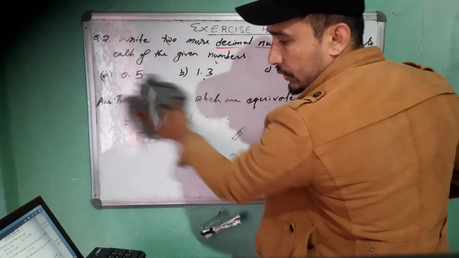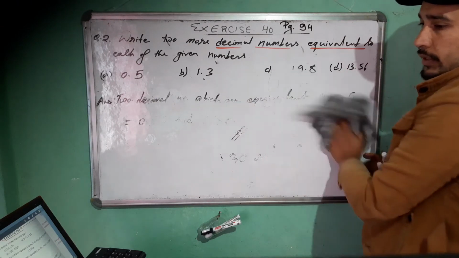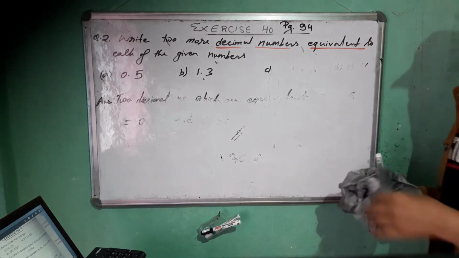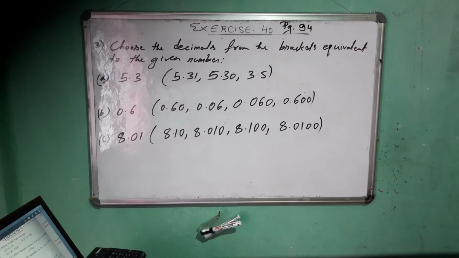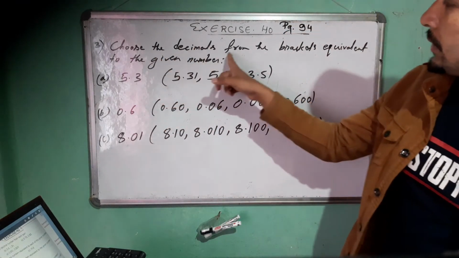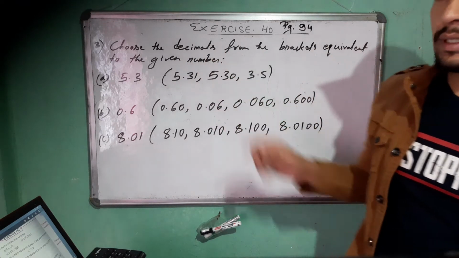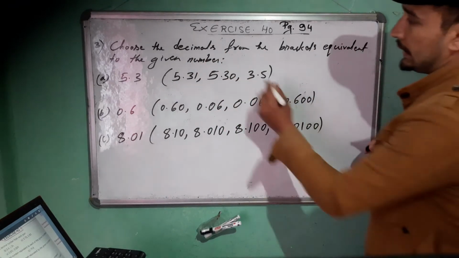Okay, next question number 3 is, choose the decimals from the brackets equivalent to the given numbers. You have to choose the decimals.